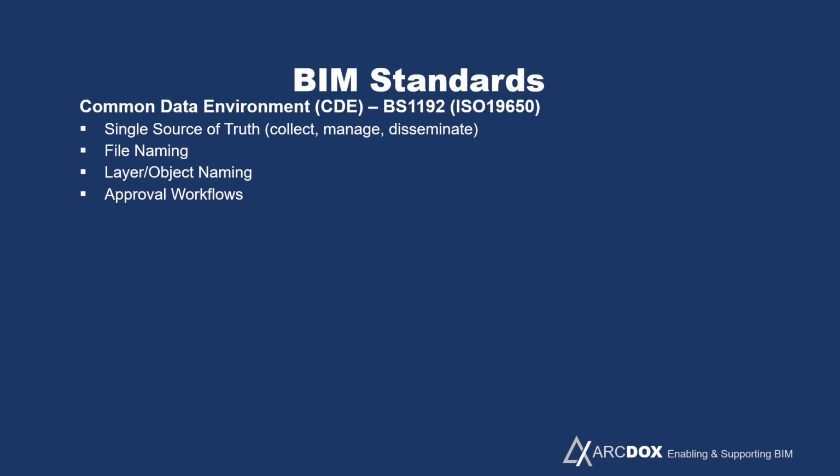It deals with a couple of things. Number one is every file that goes to the common data environment has to be named in a particular way, which we'll discuss. It also describes how objects and layers within files get named, and it describes an approval workflow in order to manage the information carefully so it doesn't become just a dumping ground of inaccurate or incorrect information.